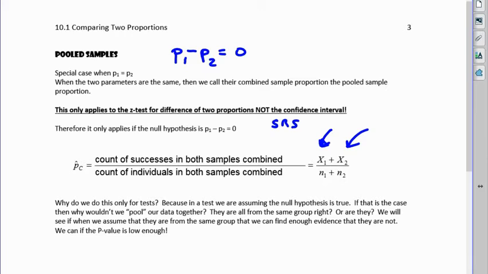We're going to put them together, and we're going to take the total from group 1 and the total from group 2, and put them together because we think that they really were all the same, so why not put them all together and find one pooled proportion to represent everybody.